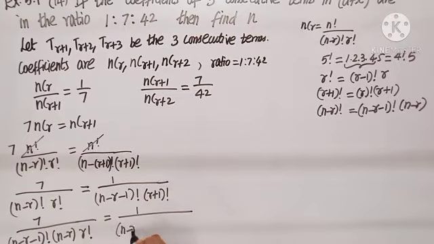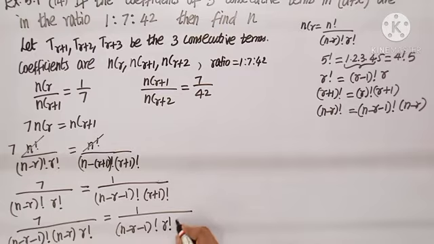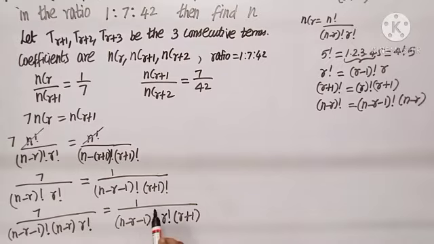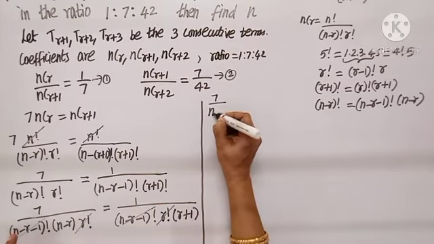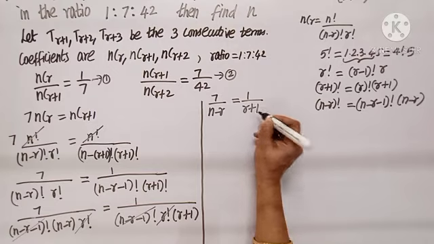On the RHS, (n minus r minus 1) factorial into (r plus 1) factorial, I can write r factorial into (r plus 1). Cancelling these terms, we are left with 7 by (n minus r) equals 1 by (r plus 1).